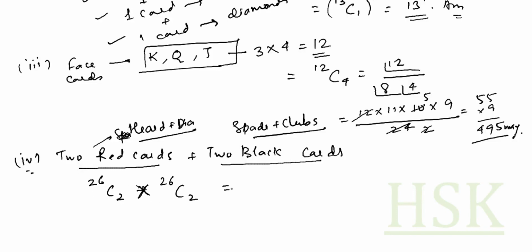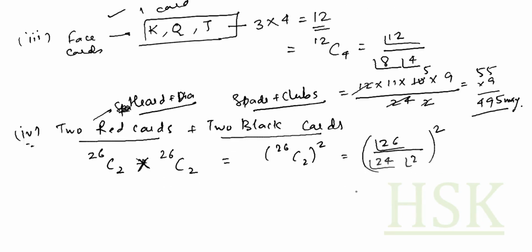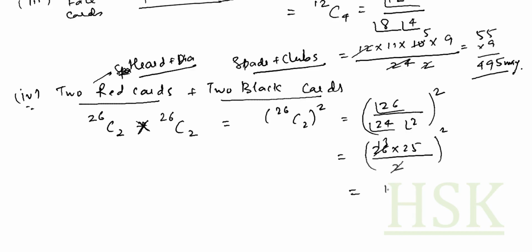So this is 26C2 into 26C2, which is 26C2 whole square. On calculating, this is 26 factorial upon 24 factorial into 2 factorial, whole square. This gives 26 into 25 upon 2, which is 13 into 25, whole square.